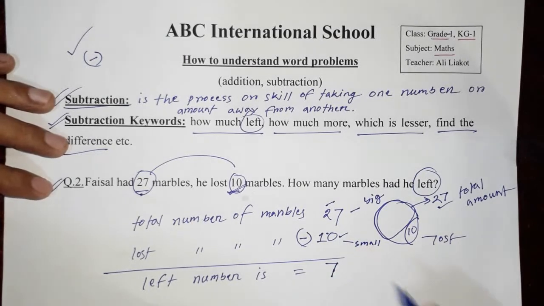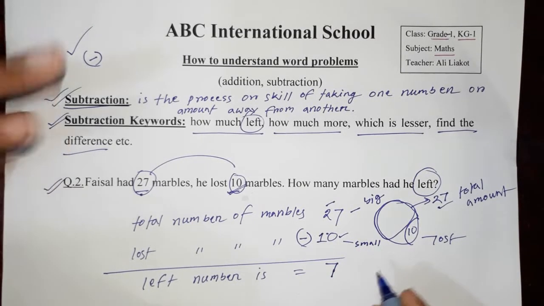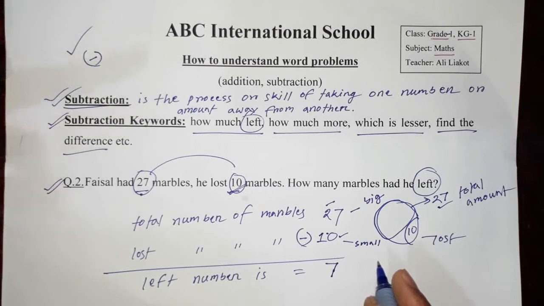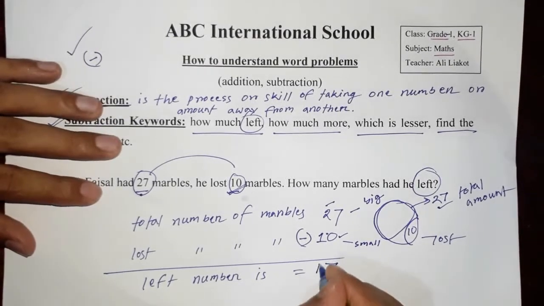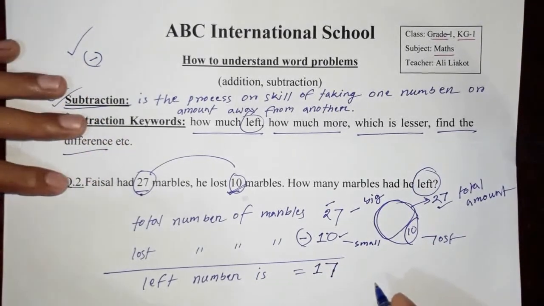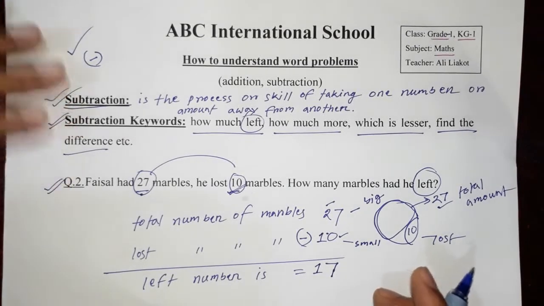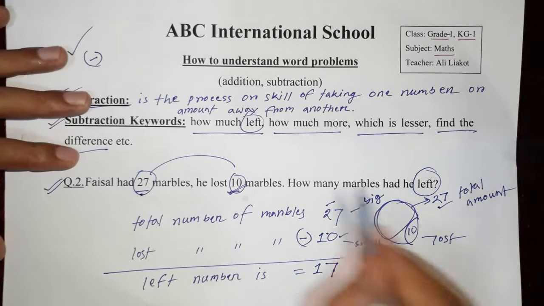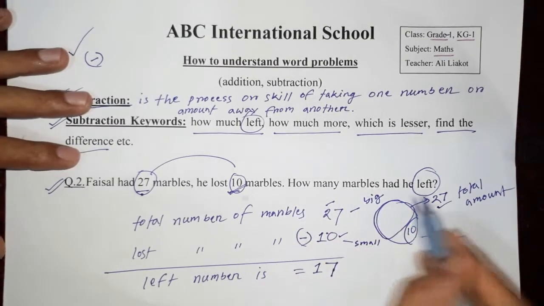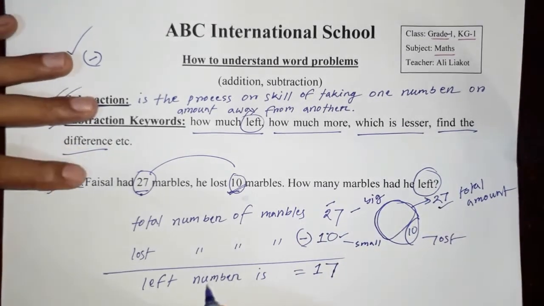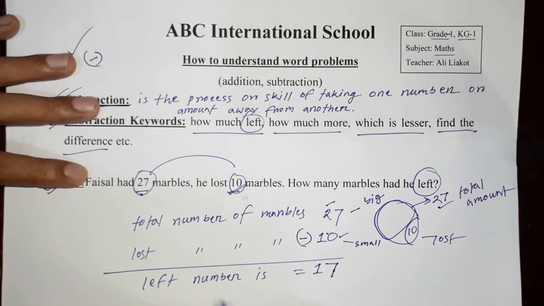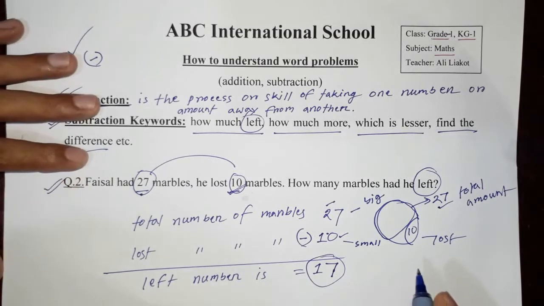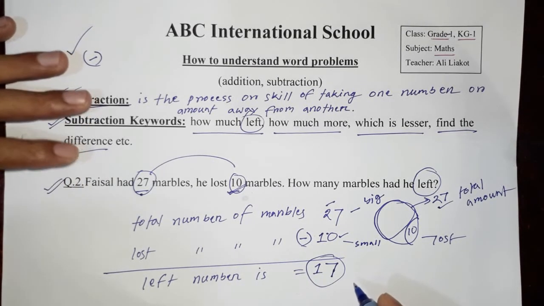So 2 minus 1 is what? 2 minus 1 is 1. Very good, you are right. So what's the answer here? Our question was how many marbles had he left. Faisal had 17 marbles left. So our answer is 17.